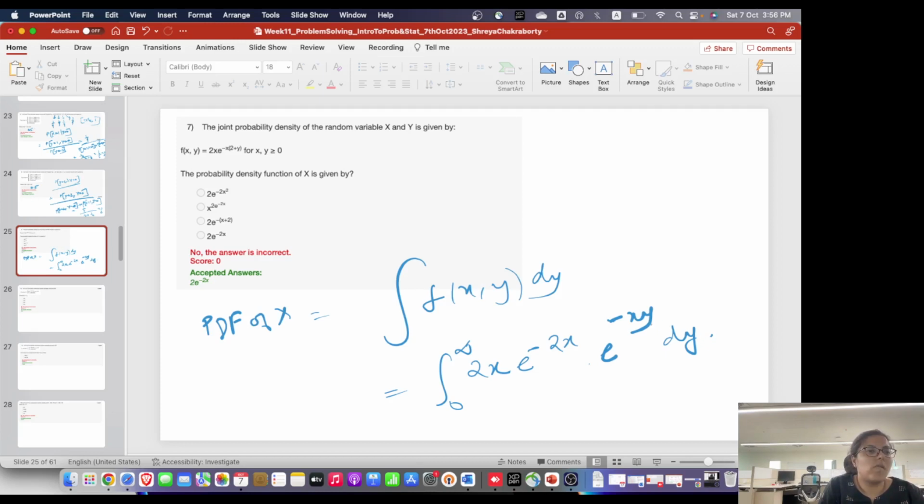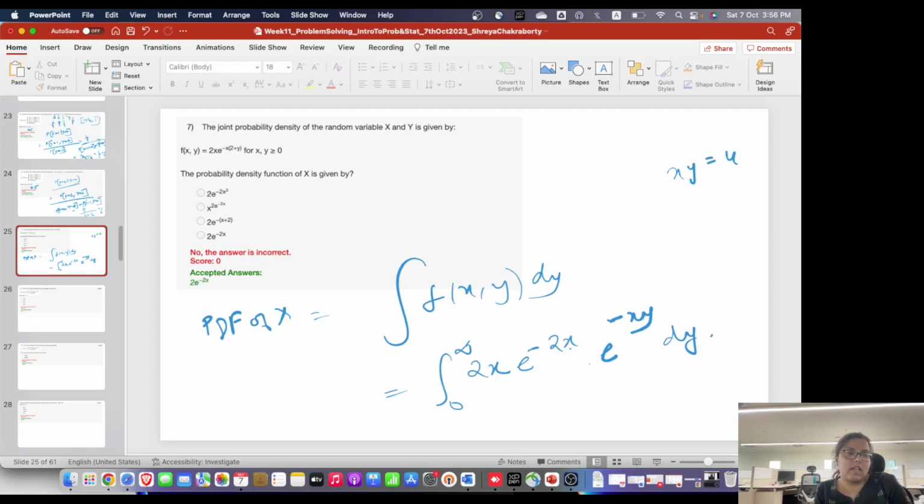Now you see we have an xy term over here. So the best way is to remove this xy and substitute it with another random variable u, make transformations and then get the PDF of x. Alright, so xy, if we do u, then also there is a problem.